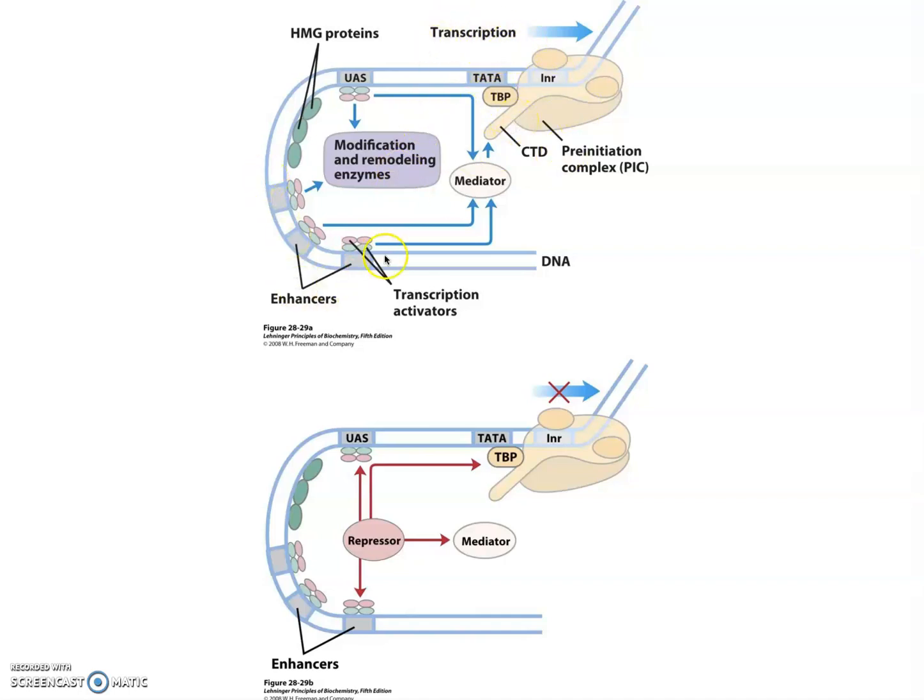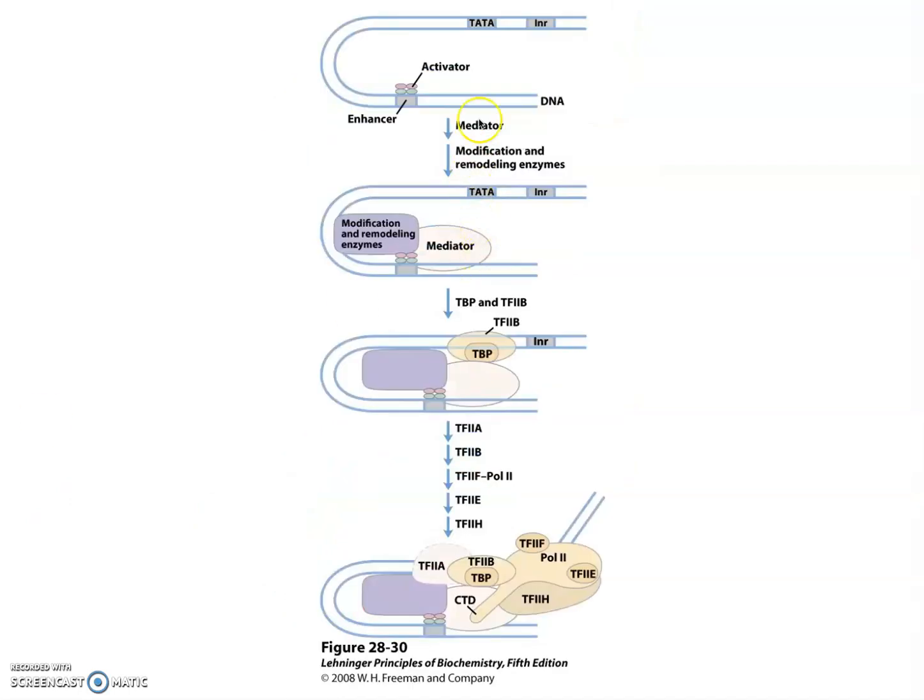Like I said, enhancers can be far away. There can be mediator proteins that bring these sequences together, or repressor molecules that can inhibit the formation of the transcription window. We have here in this figure factors that control histone modifications. Histones, if you remember, are part of the nucleosomes.